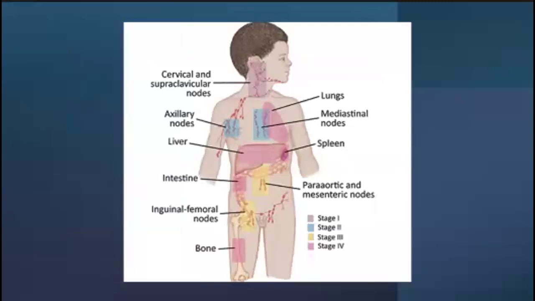This is just a little picture of all the different sites that can be affected by this. When we talk about stage 1, the colors of stage 1 is where we're going to first pick it up. And as we infiltrate into more systems, stage 4 would be the most significant, and that would be that it's impacting bone.